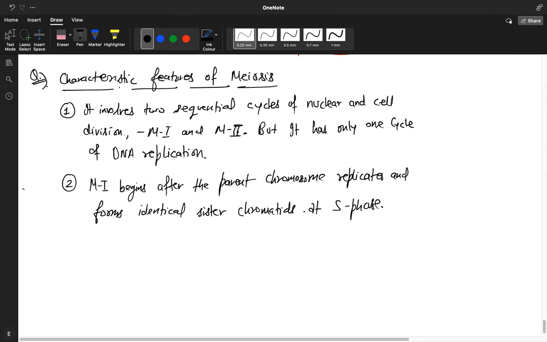But interphase is the same. The G1, S and G2 will be the same as after every division. It will be the same for every cell as in mitosis. Is it clear? Now, one important characteristic feature of meiosis, which is different from mitosis, I'm making a star mark here, is that Iram just told me that meiosis produces variations, right?